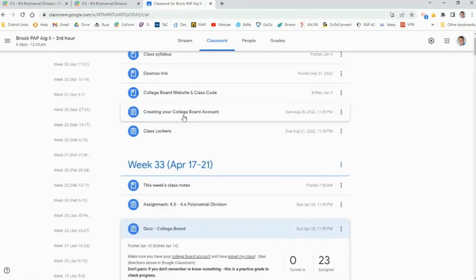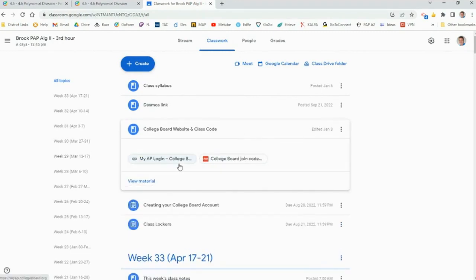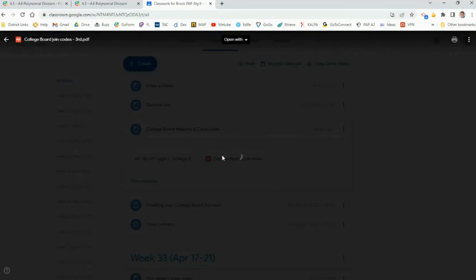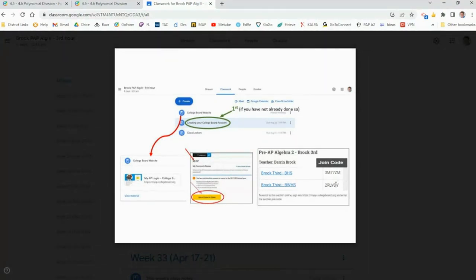All right. If you have not created your College Board account, you'll need to do so. You will need to be logged into College Board. And if you have not joined my class, College Board join codes, I click on that. Here's the join codes. If you're in BHS, use this code. If you're in West, use this code, because College Board keeps it separate for your high schools, because this class is not the only thing you use College Board for.